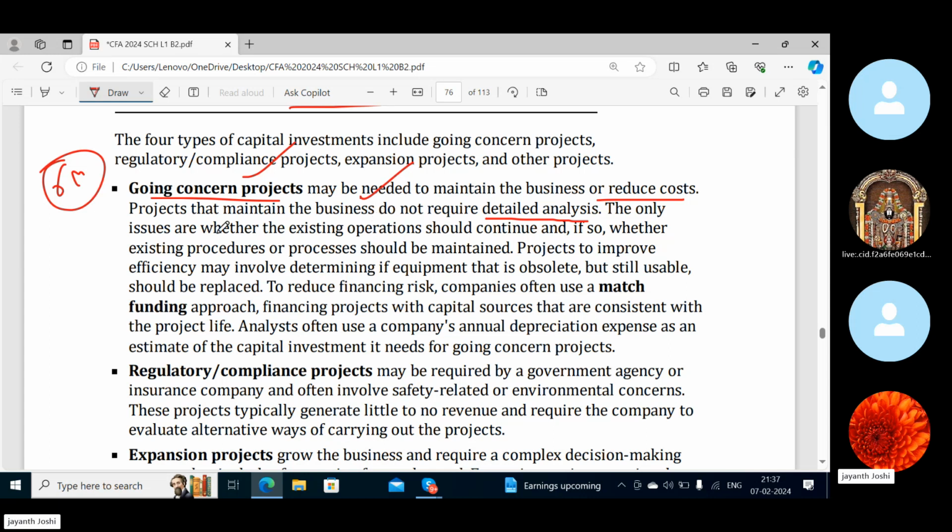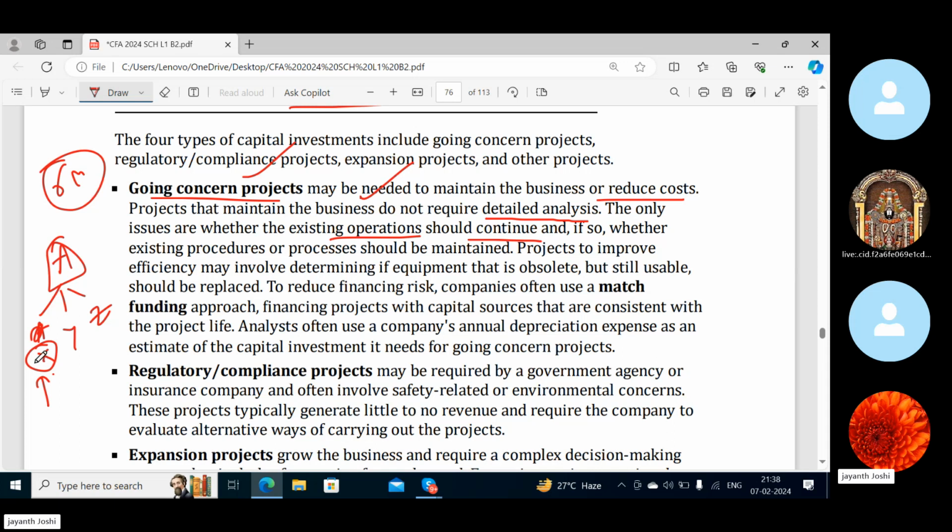So the only issue is whether the existing operation should continue. Let's say company A, the parent, has three different segments, X, Y, Z. Out of these, X is not doing well and is running into losses.